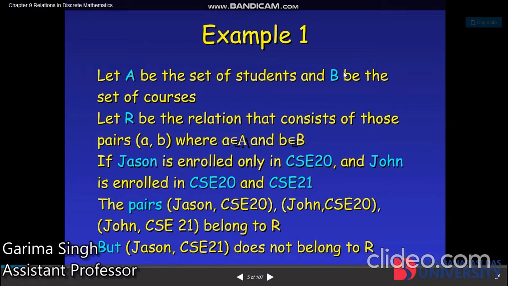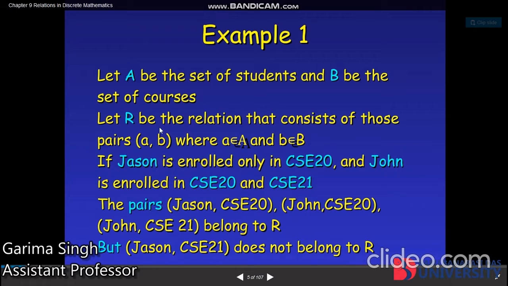The connection between these two is: if a student is enrolled in a particular course, then a relation exists. See the example. Jason is enrolled in only one course, CSE 20, and John is enrolled in two different courses, CSE 20 and CSE 21.